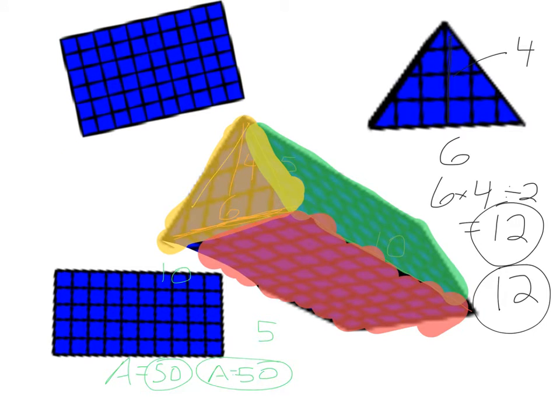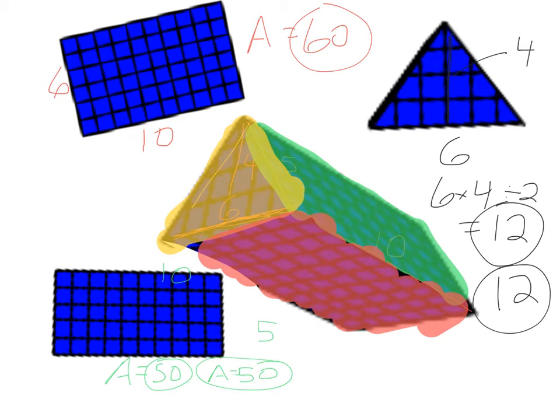If we look at this, this is 10 by 6, so that has an area of 60, and I'm only going to put 60 because there's just the bottom, there's no top. So I've got 60 for the bottom, 50 for the right, 50 for the left, 12 for the front, 12 for the back.